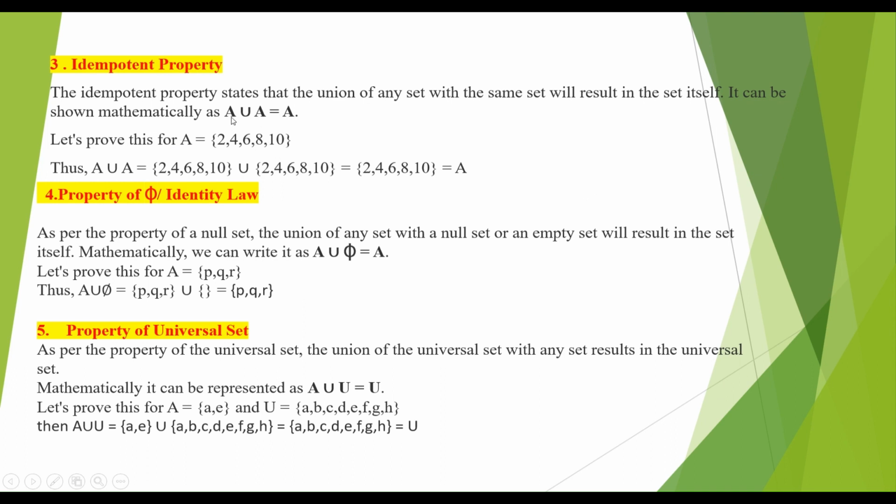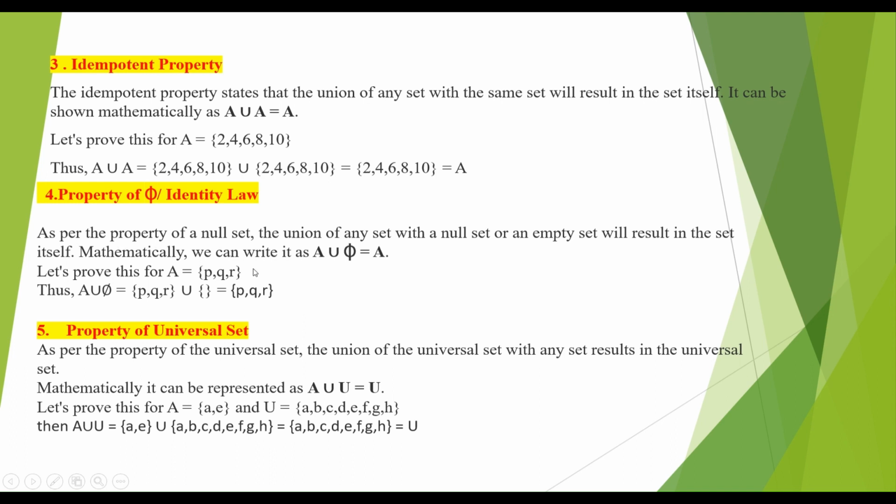When we do the union of this with the same set A, we get the answer as set A only. Okay, the next property is the property of null set or identity law.